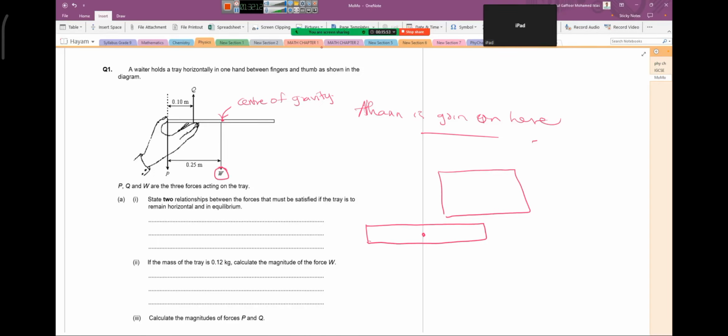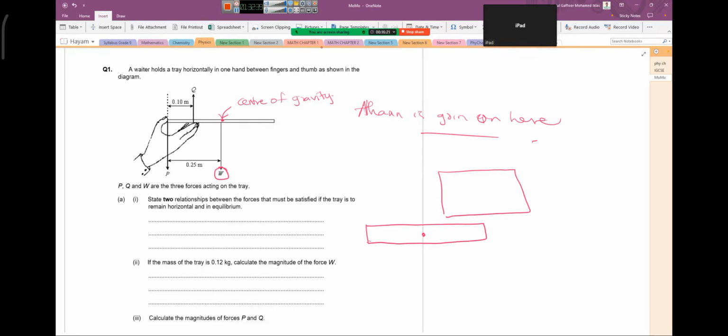Now here there will be a reaction force. Here he is holding, so he will apply a force P here.